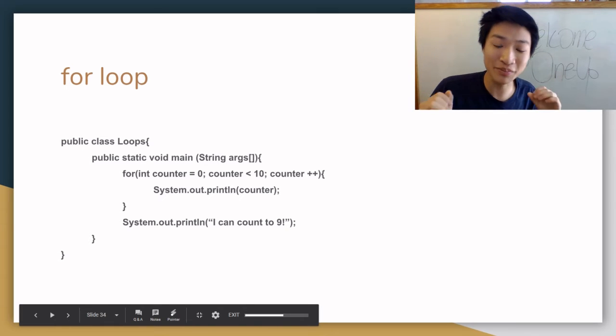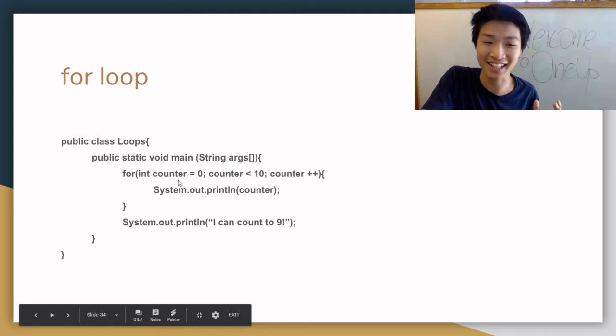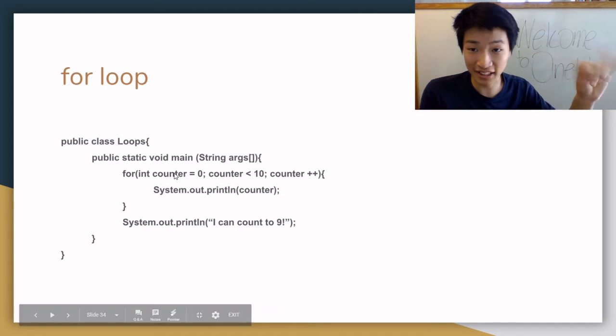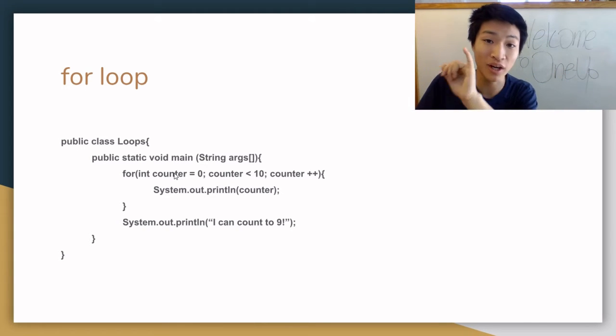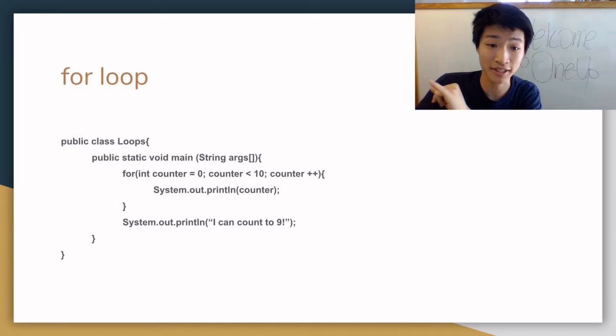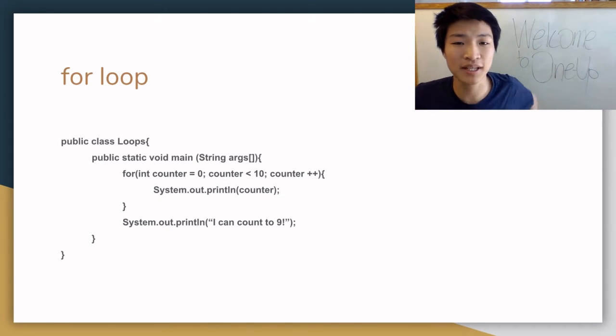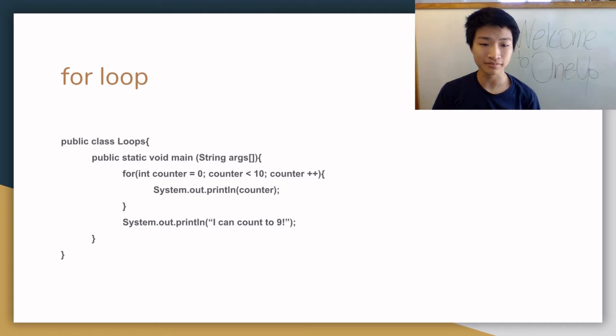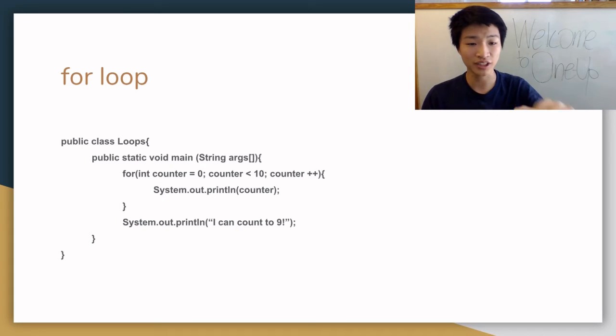So yeah, the for loop is what people struggle with the most because it has this weird syntax. You have to type in the counter variable, and then you have to type in the condition and the increment or decrement. And that is sometimes hard for people to remember. And that's okay. You'll be surprised to know how many times professional coders or just advanced coders look up syntax, which is just what to put in here. That's what syntax is: what to put in here, and how to put it.